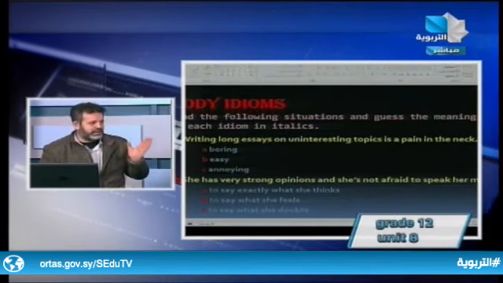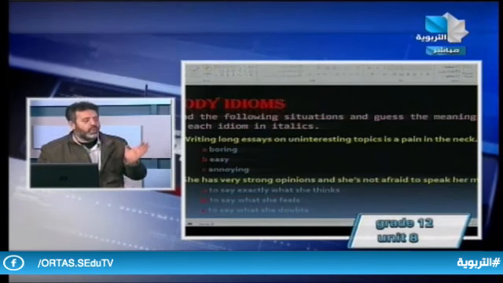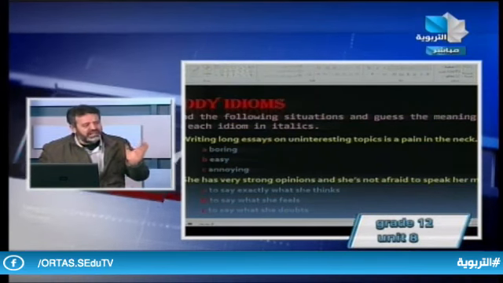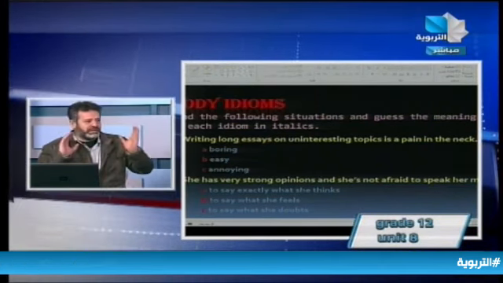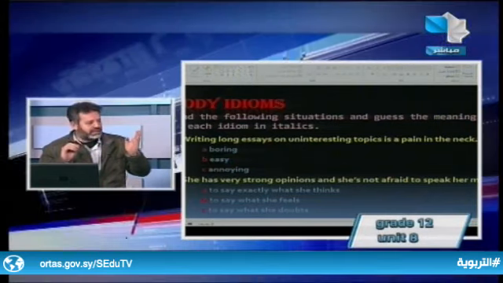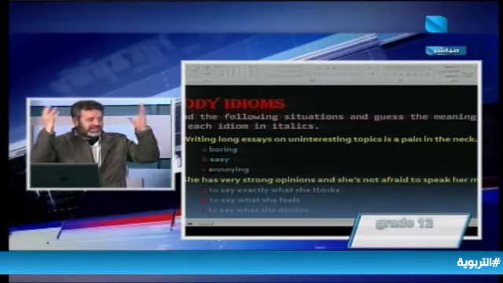We have now some idioms related to the body. What do you mean by idioms? An idiom is a group of words which are not interpreted literally, but we take it as a whole.